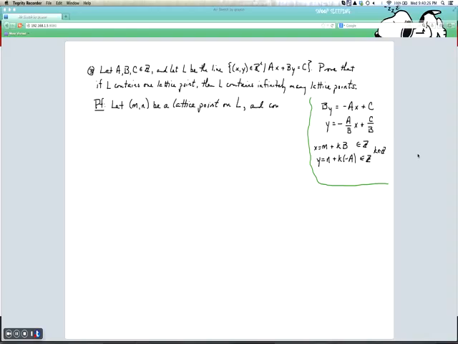And consider the points, and I'll do the m plus kb. This is what we said earlier, right?